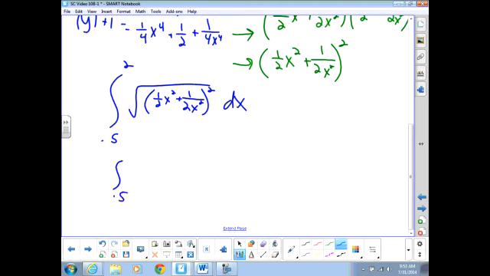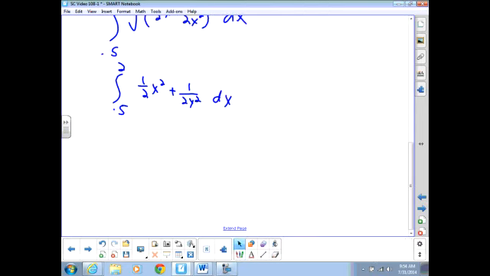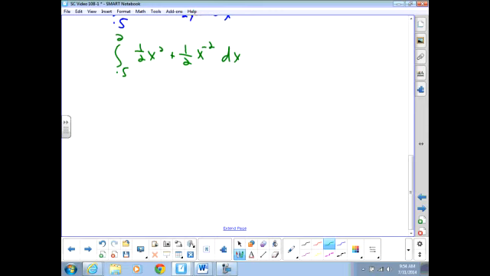So we just are from 0.5 to 2. We'll have 1/2 x squared plus 1 over 2x squared dx. To make it easier to take the antiderivative, I'm going to rewrite it as 1/2 x squared plus 1 over 2 x to the negative 2. And now we can go ahead and take the antiderivative.